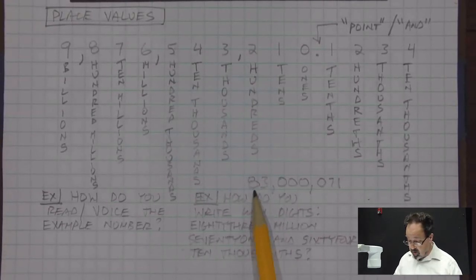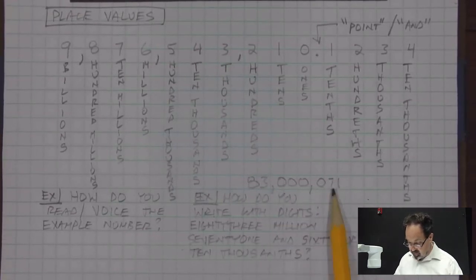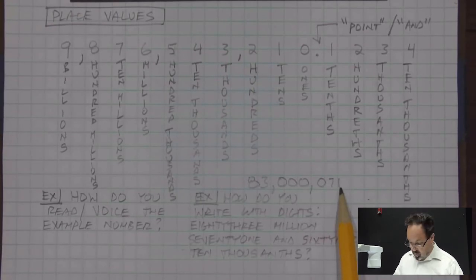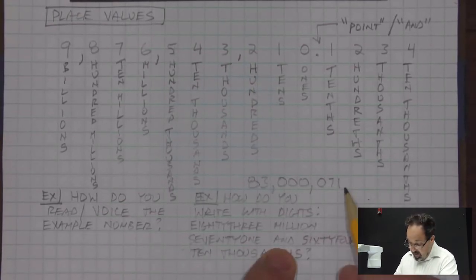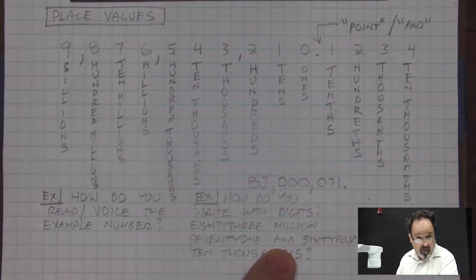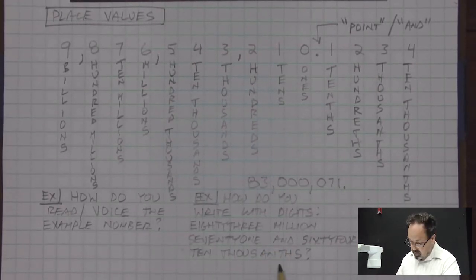So let's review 83 million. There's no thousands there. There's no hundreds, and I get to the 71. When I read the word and, that's a clue that I need a decimal place. How am I going to write the rest of this number? And 64 ten-thousandths.